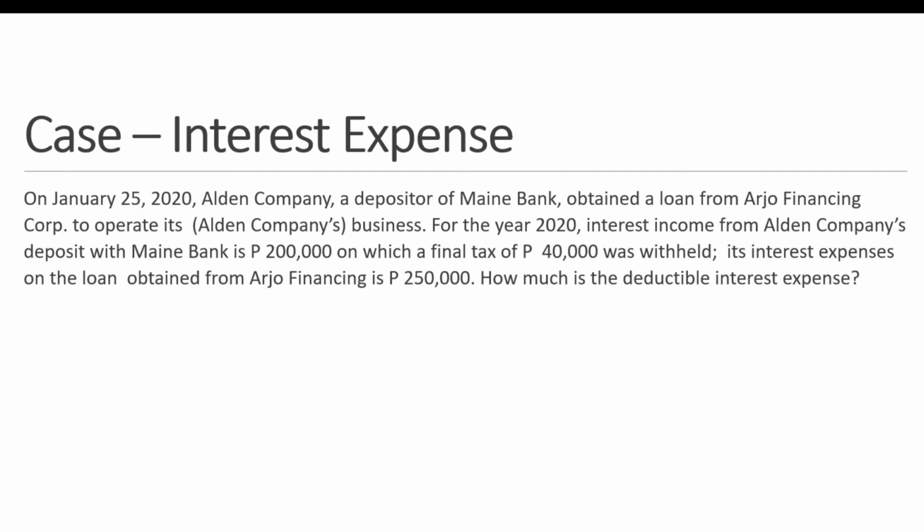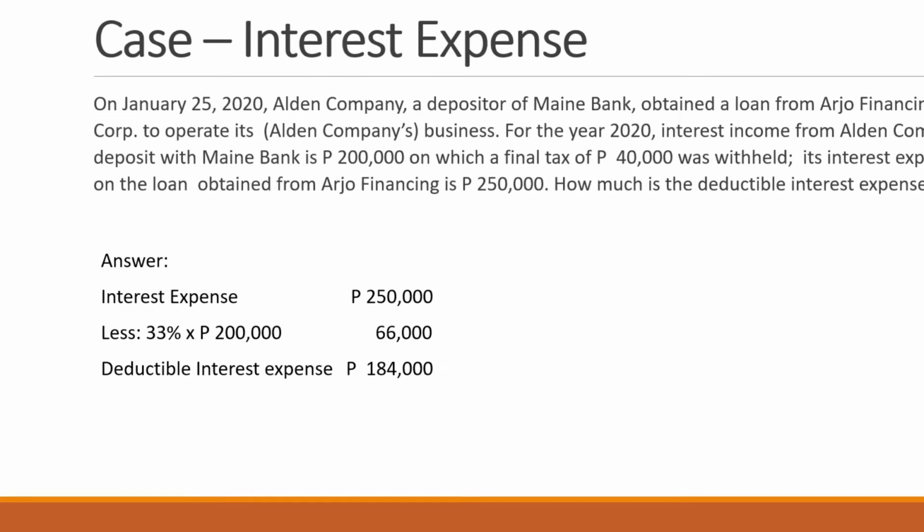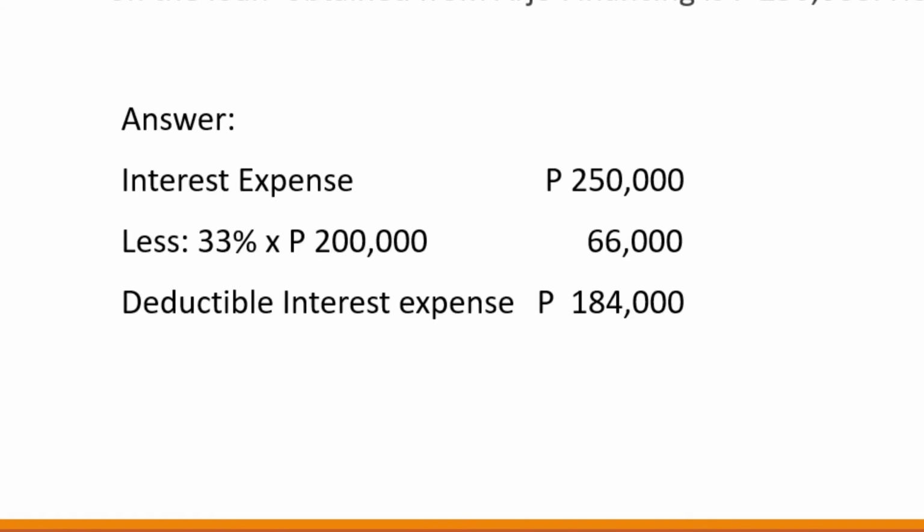Its interest expense on the loan obtained from Arjo Financing is 250,000. The question is, how much is the deductible interest expense? So interest expense is 250,000 less 33% of interest income, which is 200,000. That is 66,000. So the deductible interest expense is 184,000.